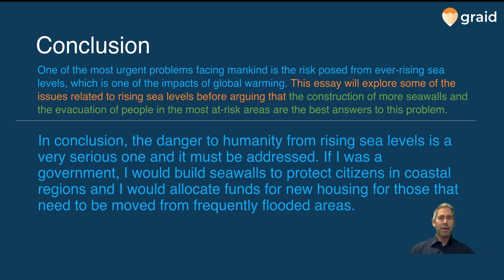I give the detail here where I imagine I'm a government. If I was a government, I would build seawalls to protect citizens in coastal regions, and I would allocate funds for new housing for those that need to be removed from frequently flooded areas. So, in a way, we can think about the conclusion, the first sentence as being more general, and then the if sentence, where I imagine I'm the government, offering some more detail.